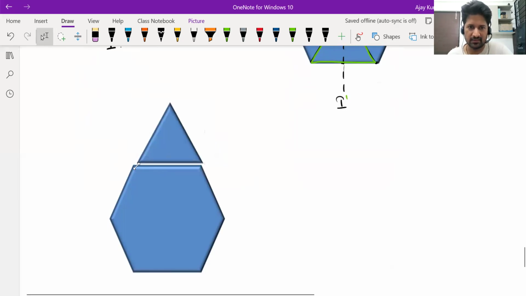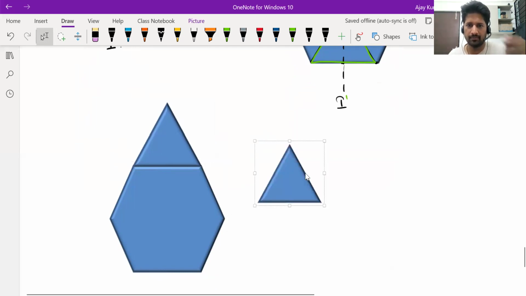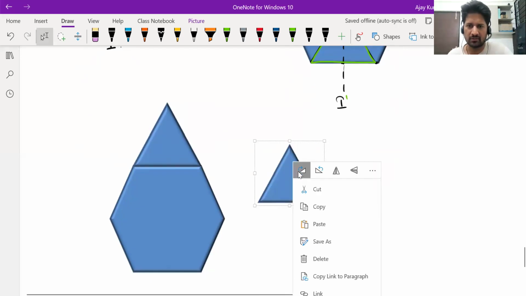Just a moment, let me adjust this. Add 1 triangle here and 1 triangle on the bottom side. So totally 8 triangles will be there: 6 already there in the hexagon, 2 more. Okay, wait, why am I not able to rotate this?